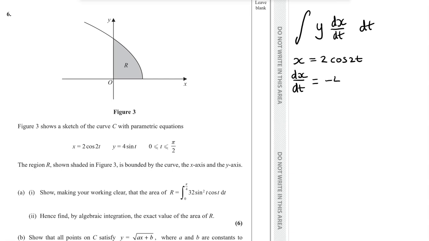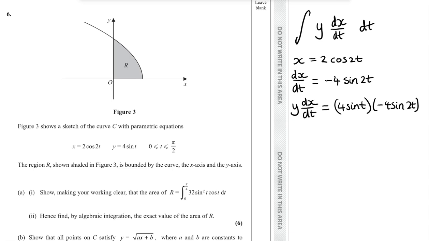That's going to become -4 sine 2t. So that means that y dx by dt, where y is just 4 sine t and dx by dt is -4 sine 2t, so we've got y times this dx by dt.